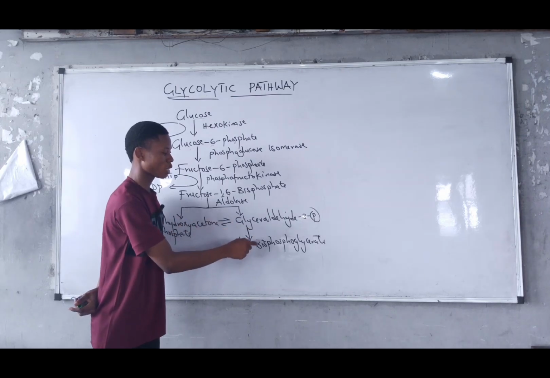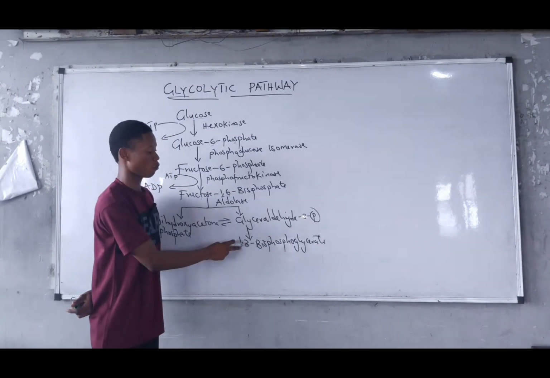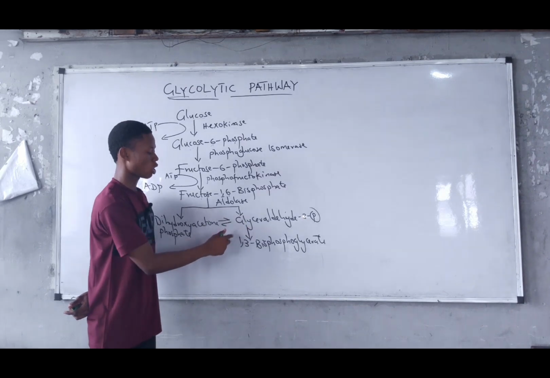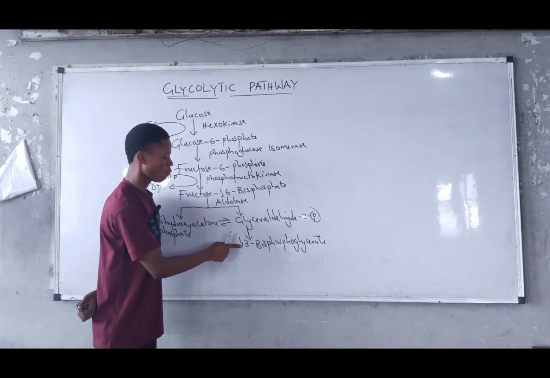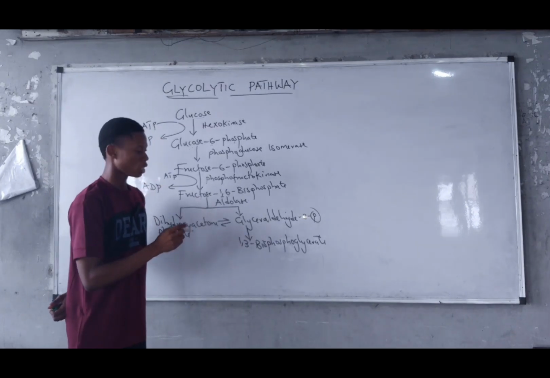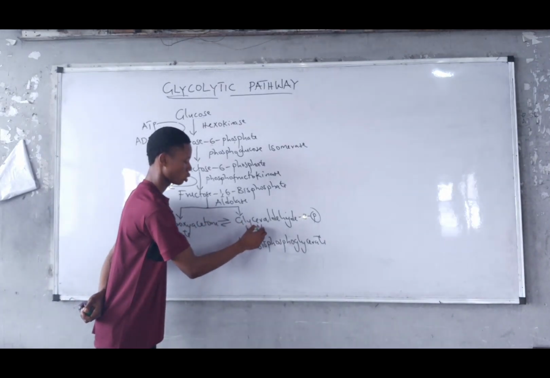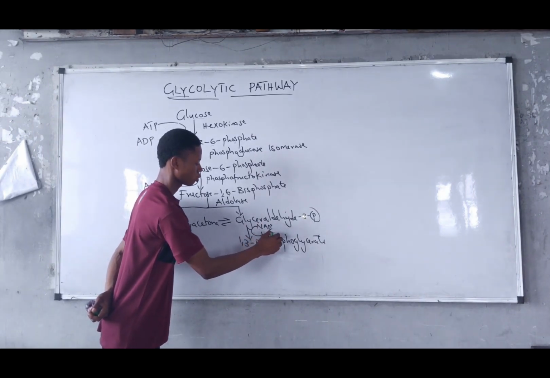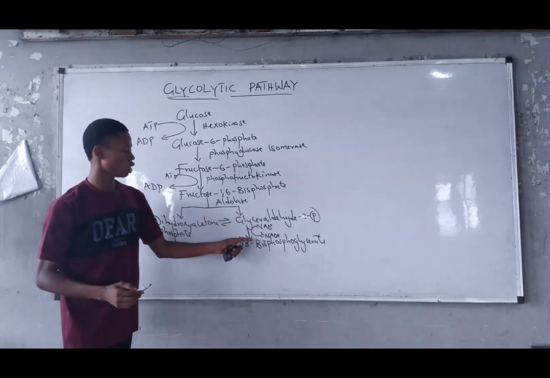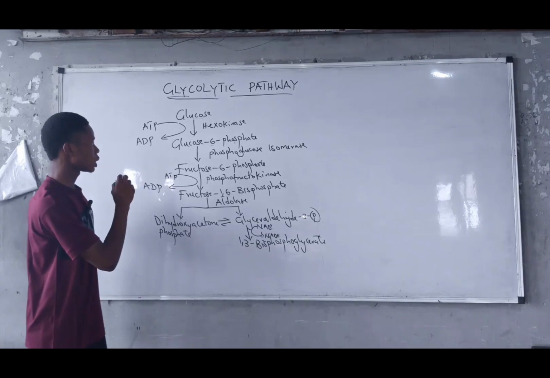Glyceraldehyde 3-phosphate to 1,3-bisphosphoglycerate: you can see with me that we are adding another phosphate on carbon 1, but this time the phosphate is not from ATP. The type of phosphorylation taking place here is called oxidative phosphorylation. This oxidative phosphorylation is done through the electron transport chain, not from ATP.